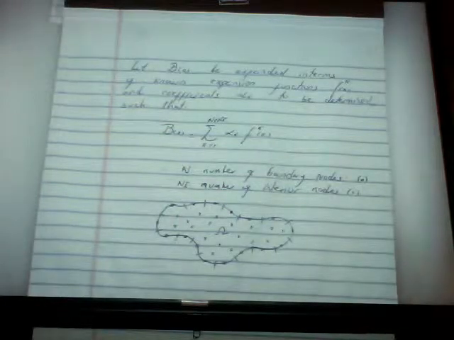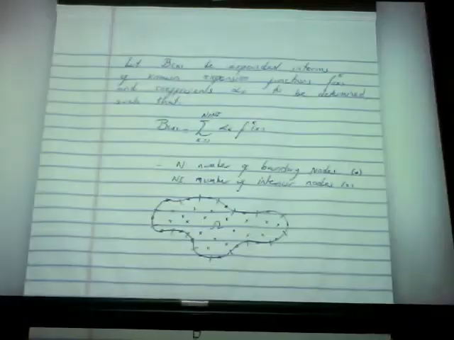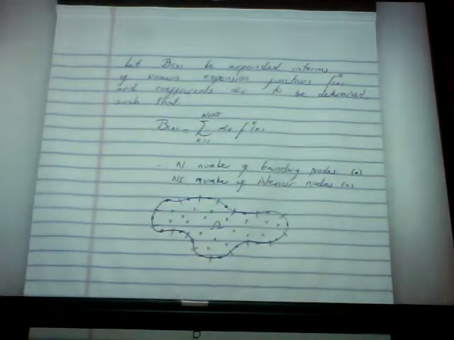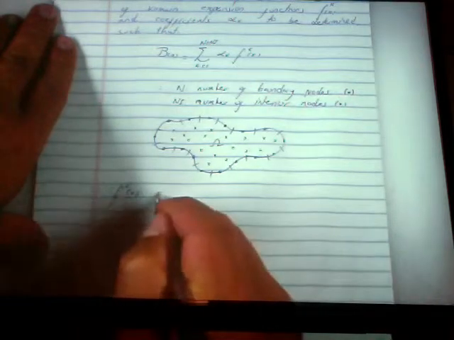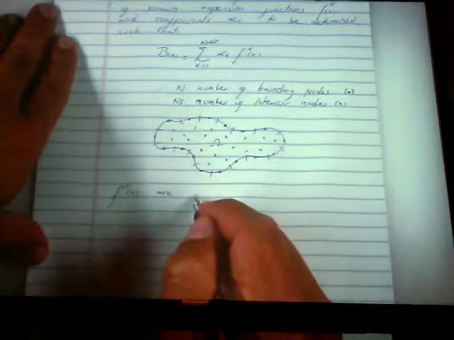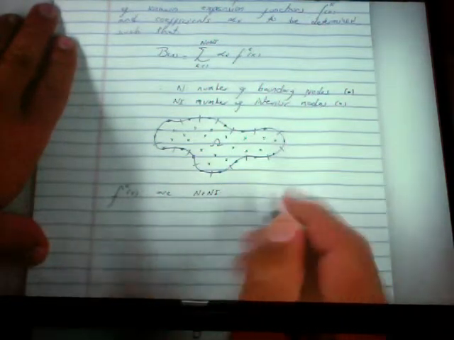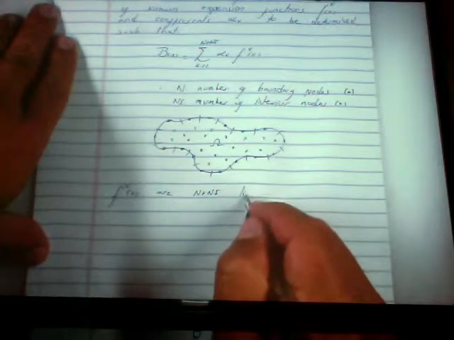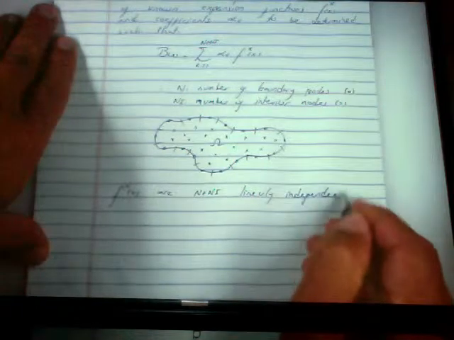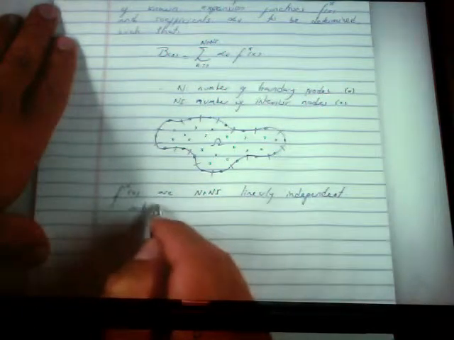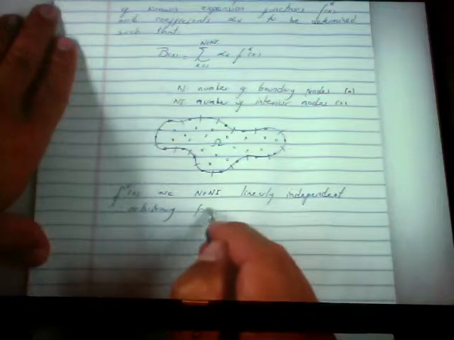All right. So f_k are N plus Ni linearly independent arbitrary functions.